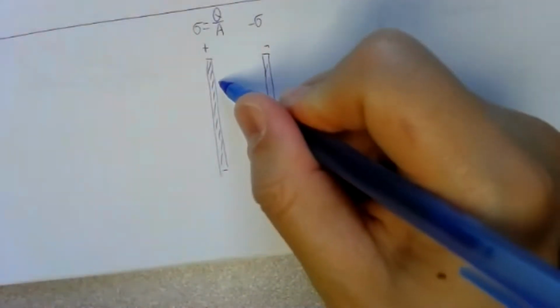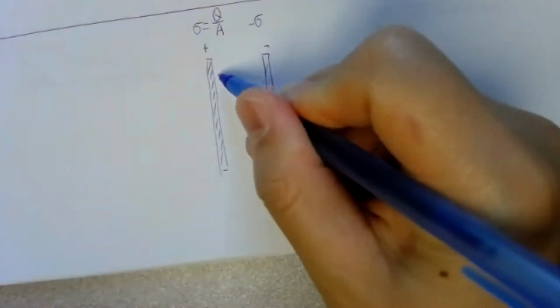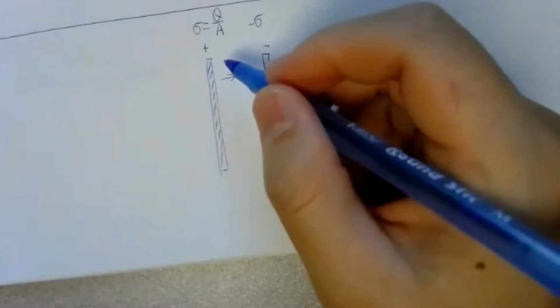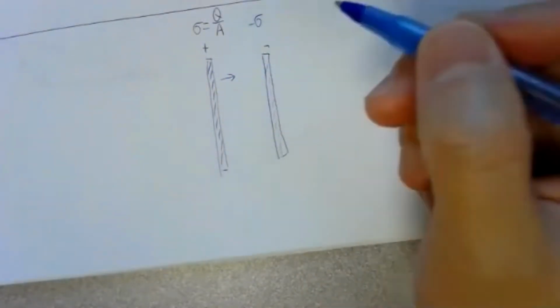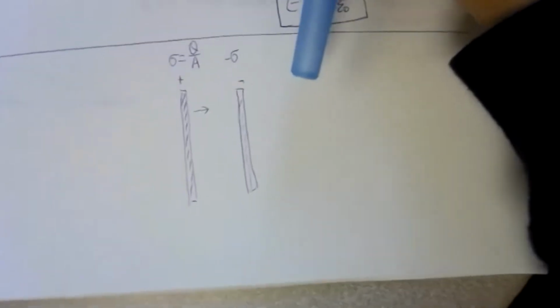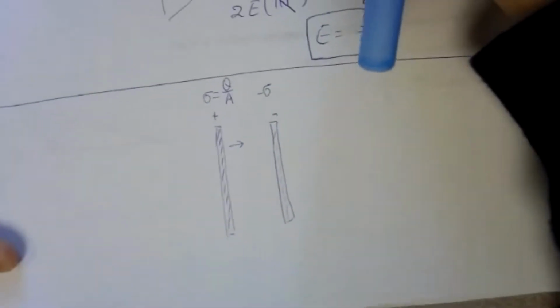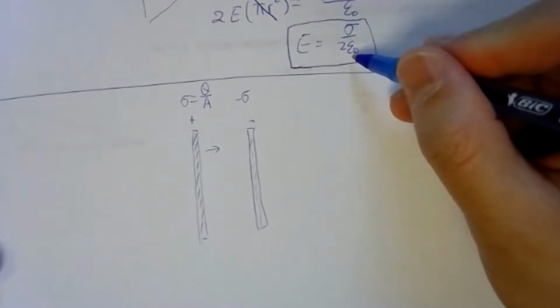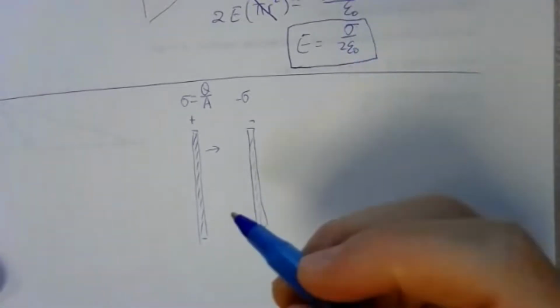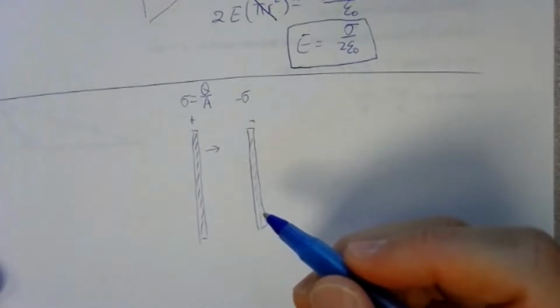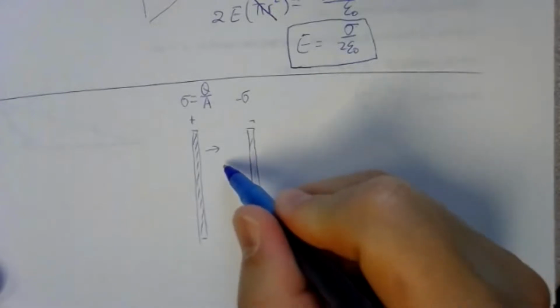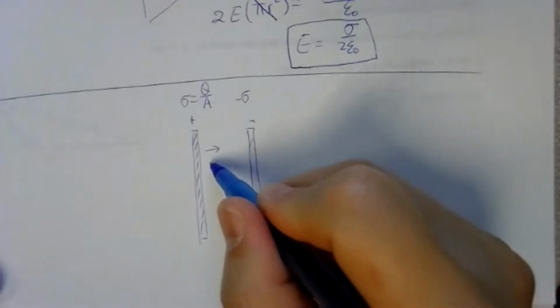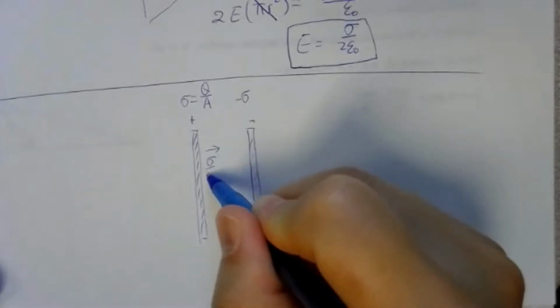Then the electric field by this plate, according to what we just derived, will be equal to sigma over 2 epsilon naught.